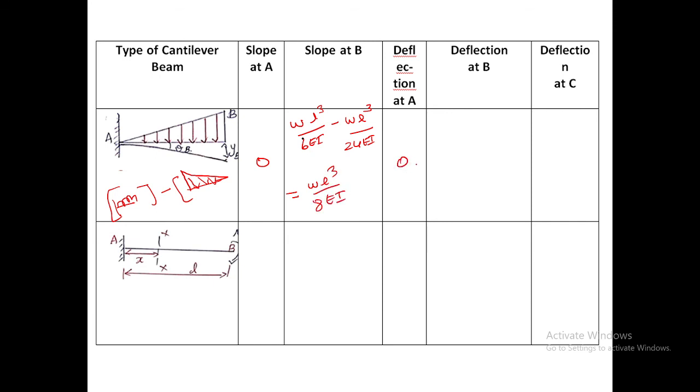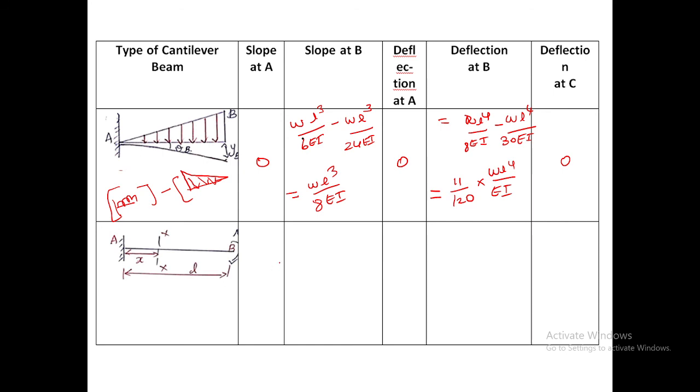Deflection at point B is the deflection of the uniformly distributed load, W L power 4 divided by 8 EI, minus the deflection of the uniformly varying load, W L power 4 by 30 EI. So the answer is 11 by 120 into W L power 4 by EI. Deflection at point C is 0.